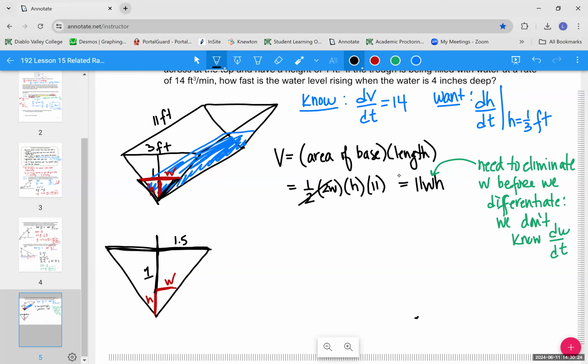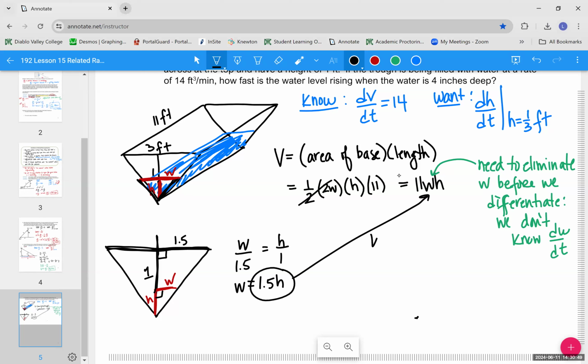So do you see the similar triangles coming in again in exactly the same way they did before? I have W, base is to base, as height is to height. And I'm trying to get rid of the W, so I'm going to solve that for W. And then I'm going to substitute that in right here.